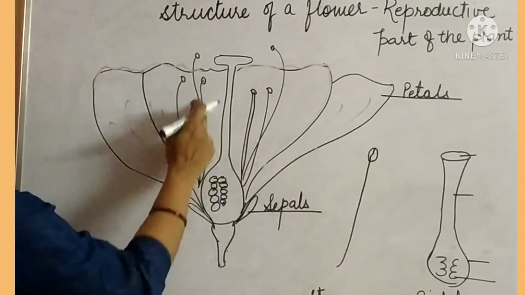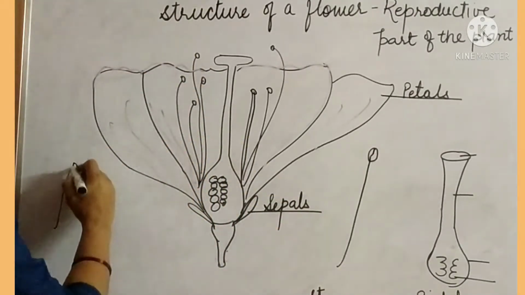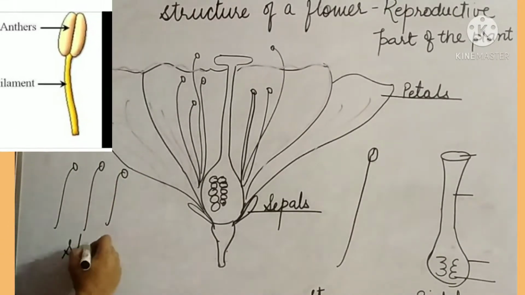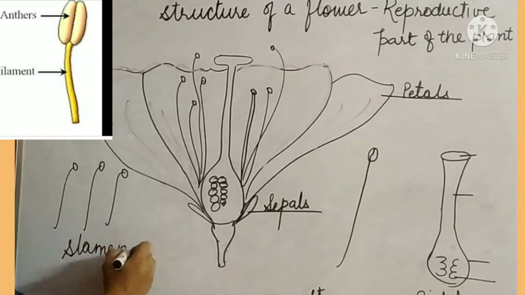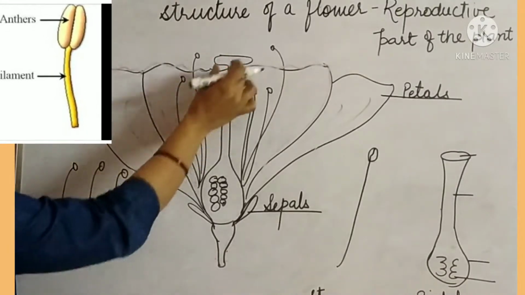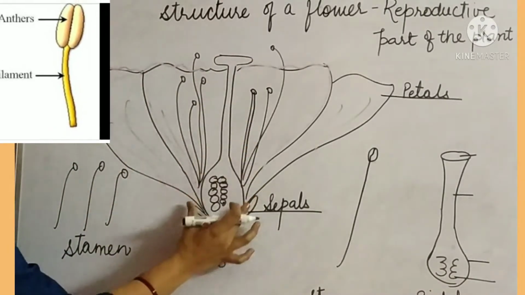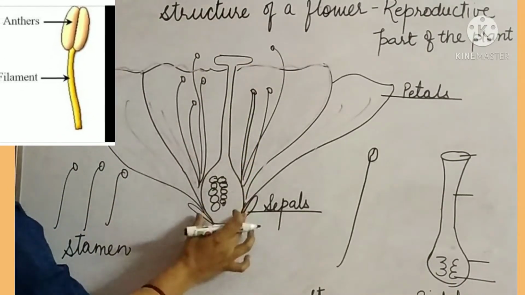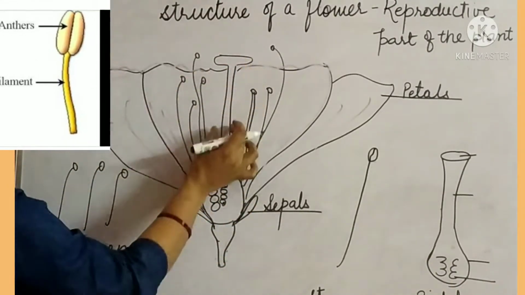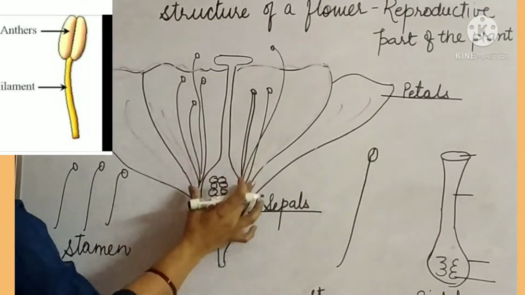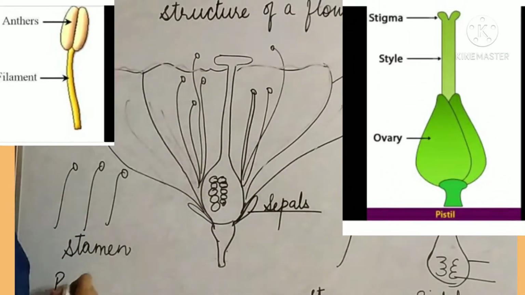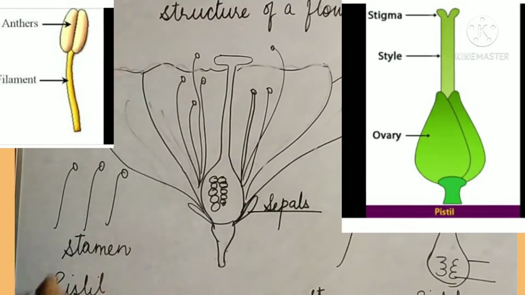These long structures you can see, this type of structure, they are nothing but stamen. And except stamen, you can see a middle part. This beautiful surahi-like structure, like a pot, thin, then a thin neck, and then again a swollen portion. This is known as the pistil.